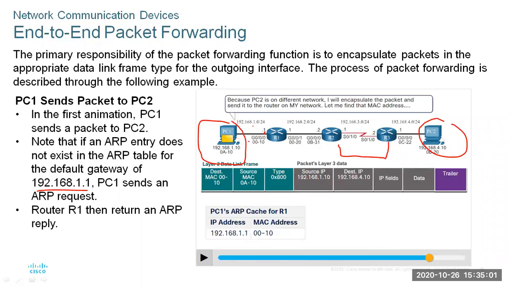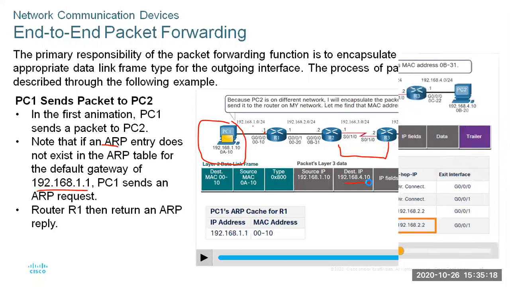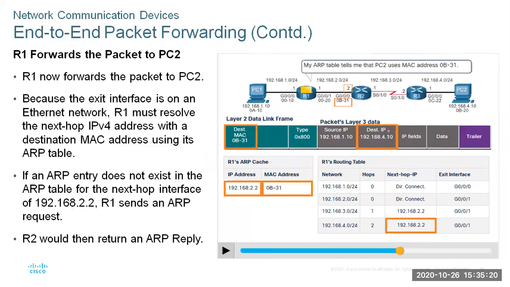It's going to send an ARP to find out the address of PC2, my destination. Once it finds it, it will include it in the destination. Look at it, we populate it in the destination here.